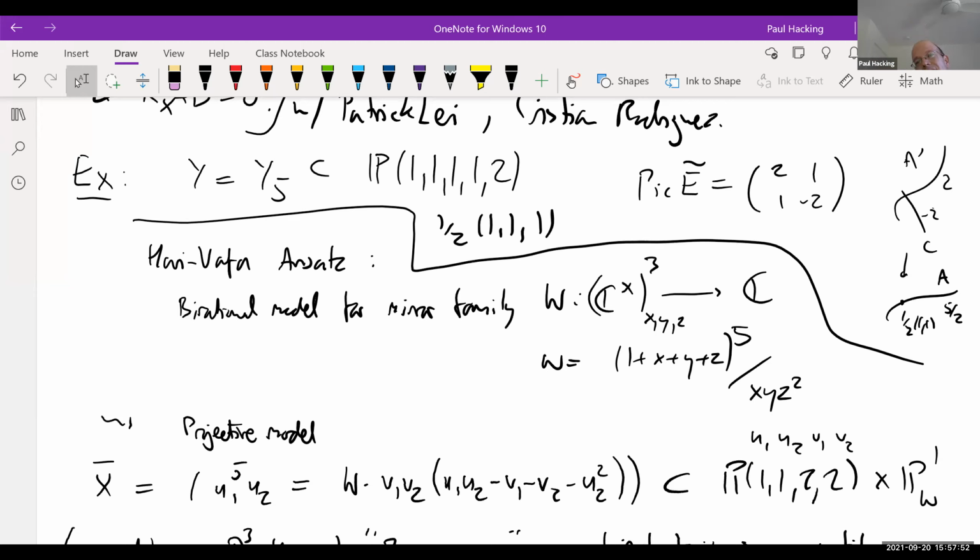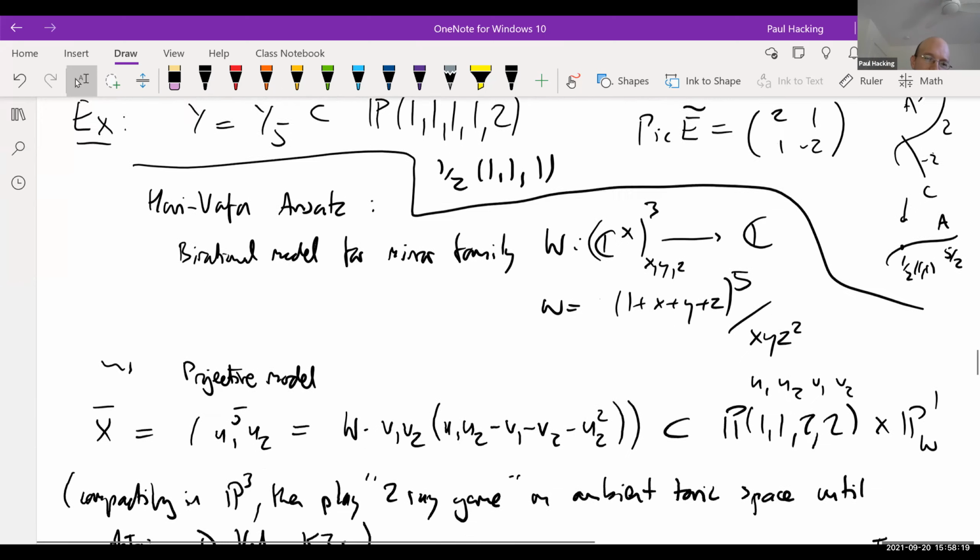And you can see how that is derived from this data we started with. Okay, and so now this is, as I said, a birational model for the mirror family. I want to put it in a form where I can understand this as a family of K3s and analyze, for instance, the behavior at infinity.